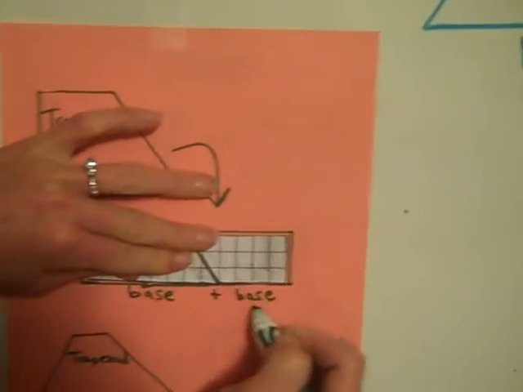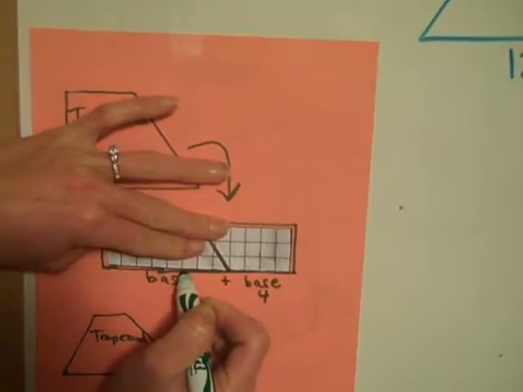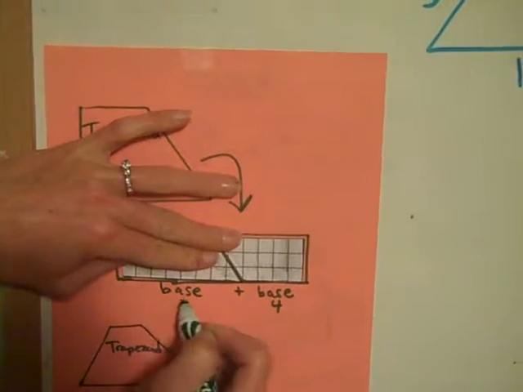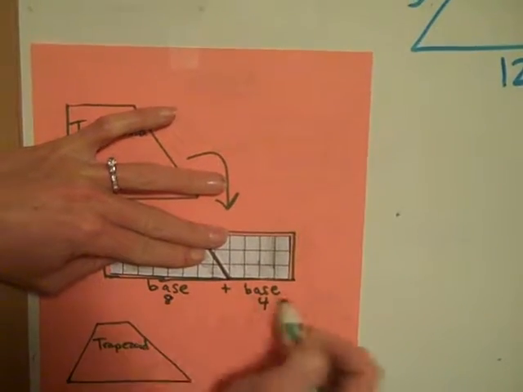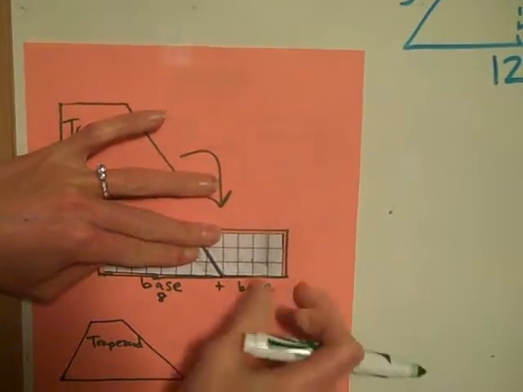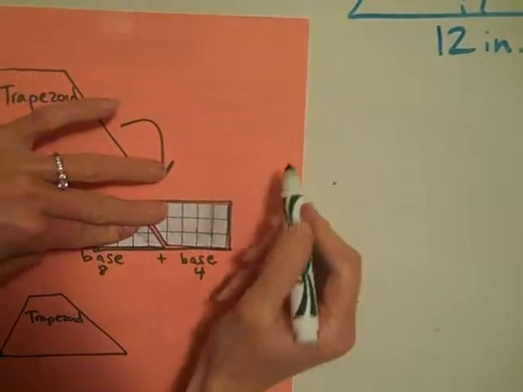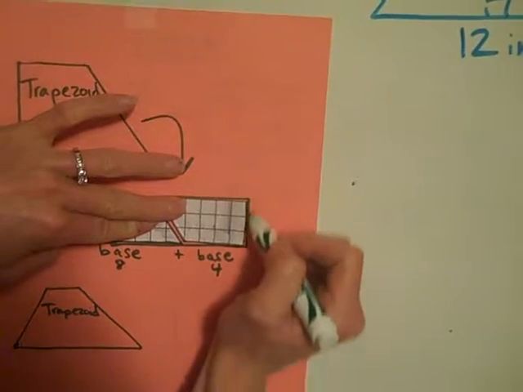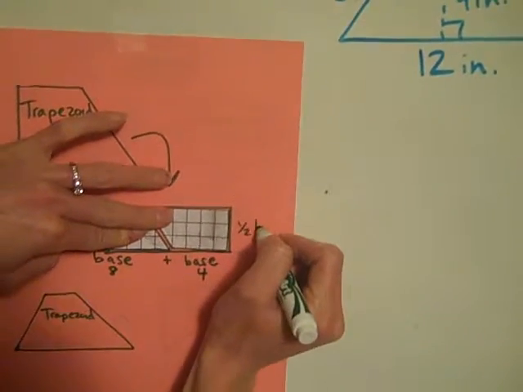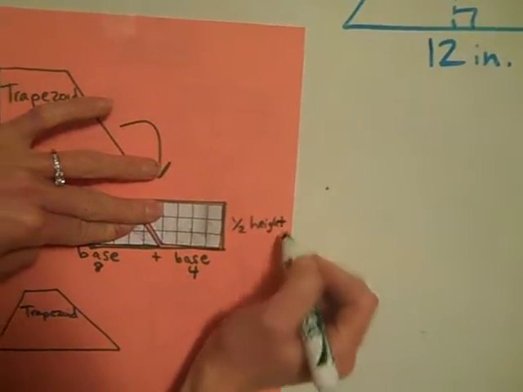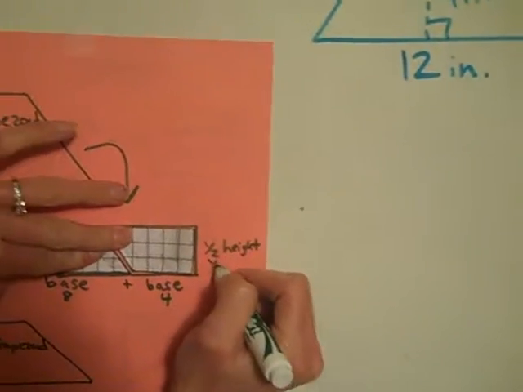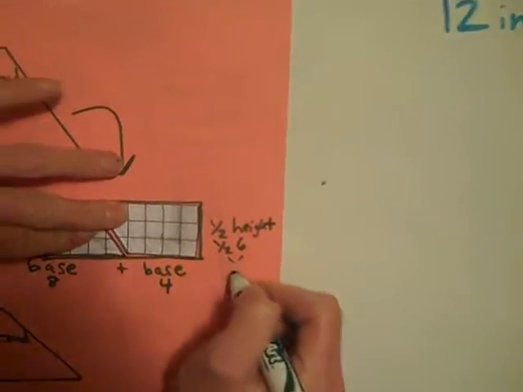This base was 4, this base was 1, 2, 3, 4, 5, 6, 7, 8. So this has a length of 12. And then we took the height of the trapezoid and cut it in half. So the width here is half of the height of the original trapezoid. Half of 6 was 3.